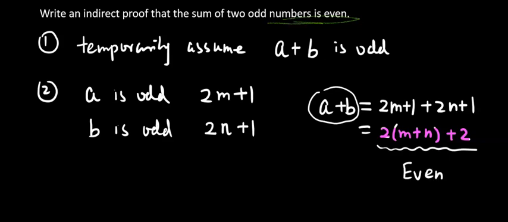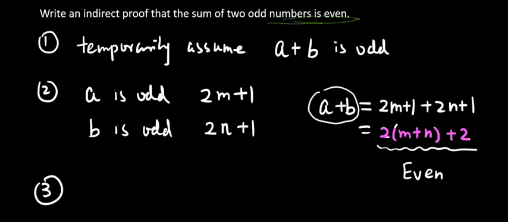It must be even. But earlier, our temporary assumption says the sum of A plus B is odd. You see that? The desired conclusion must be true because the contradiction proves the temporary assumption we made on the first step is false.